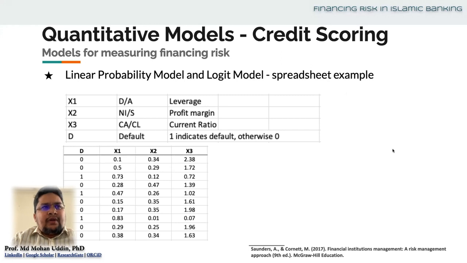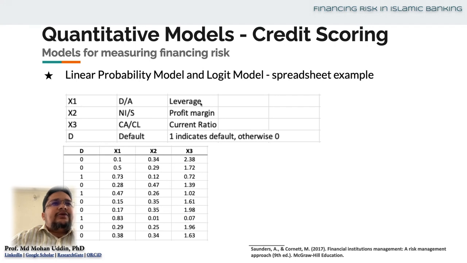To give the example, let's suppose we have identified that three factors are very important for explaining the default behavior of a particular type of customer. So what are the three factors?